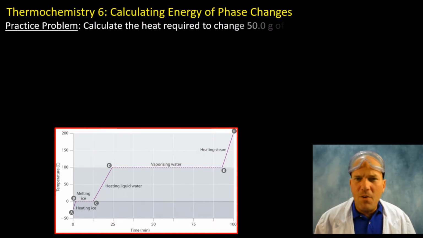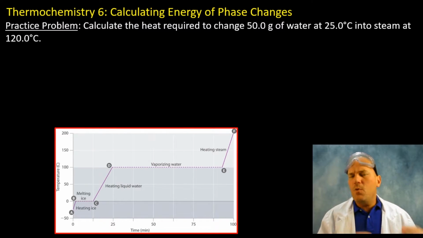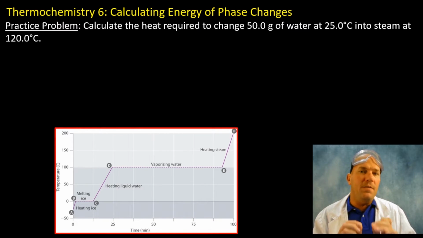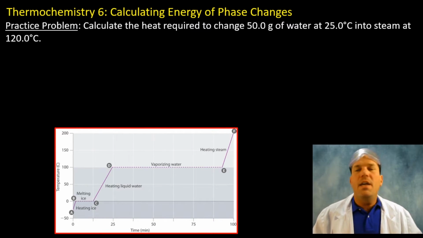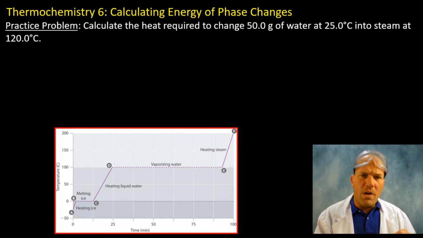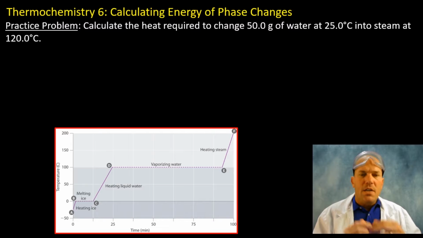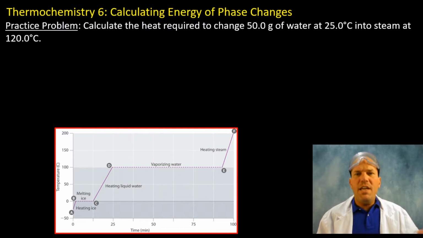So we are going to calculate the heat required to change 50 grams of water at 25 degrees Celsius into steam at 120 degrees Celsius. So look at your heating curve and come up with a plan.